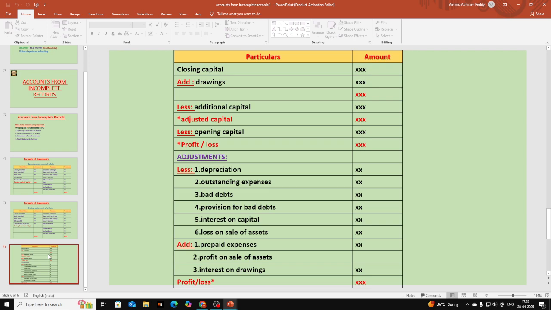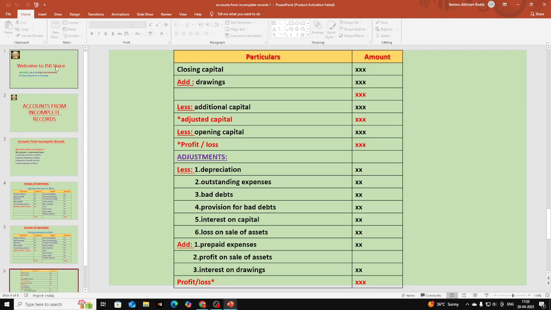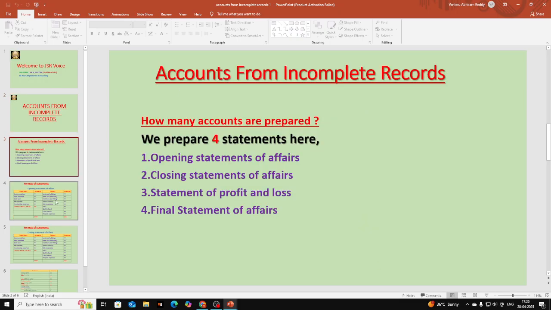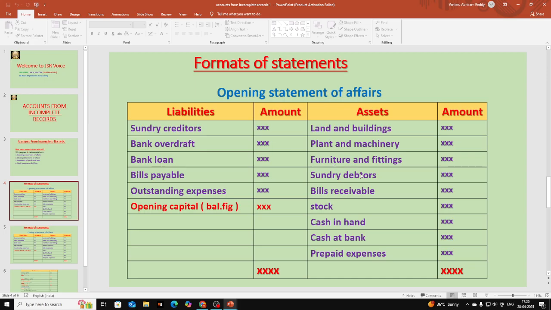So in total, these are the accounts that we are going to prepare in case of accounts from incomplete records. I will show one by one. You can watch it once. In total 4 statements. The first statement is the opening statement of affairs. This is the format of that.